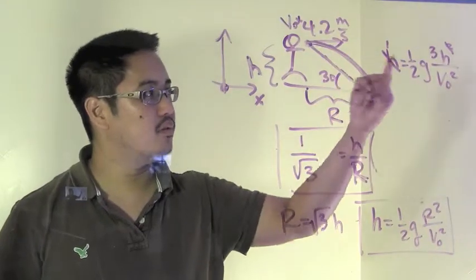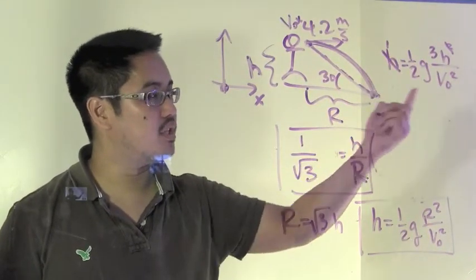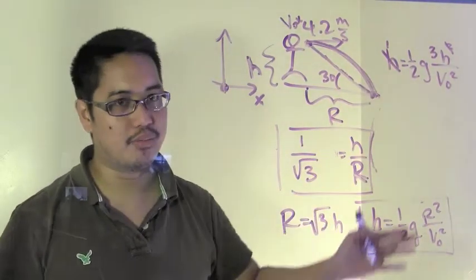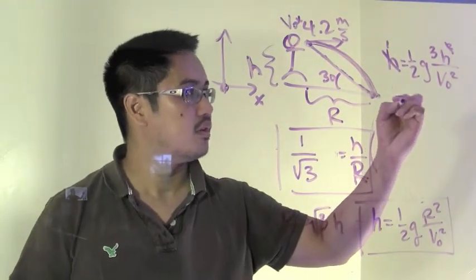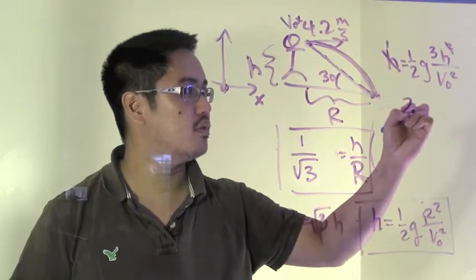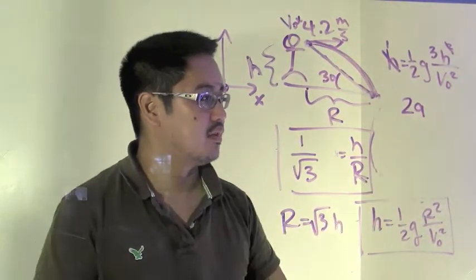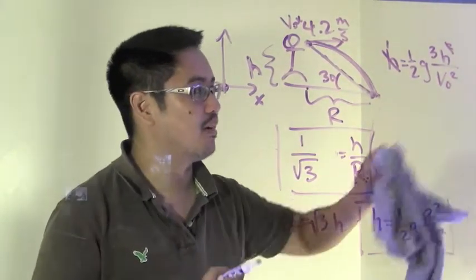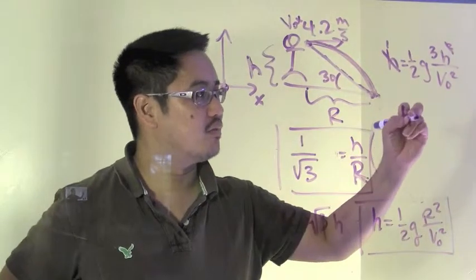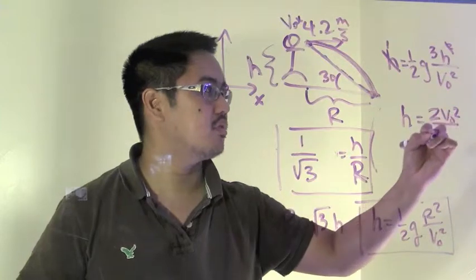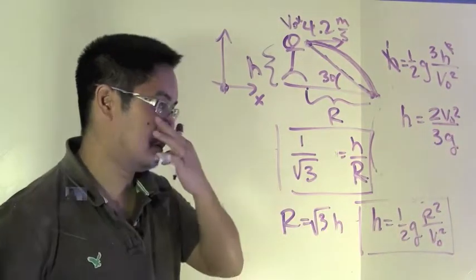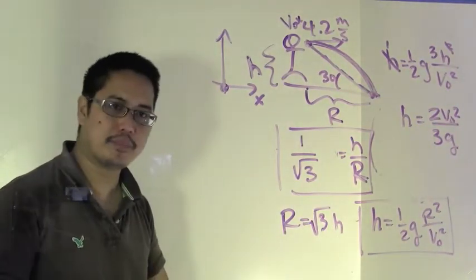I'm going to multiply by 2, divide by 3, divide by g, and multiply by v naught squared. I just did a whole bunch of algebra, but it seems you're really fast with your algebra, so you wouldn't be freaked out if I wrote down 2g. Or I'm not even good at algebra, apparently. h is equal to 2 v naught squared over 3g. Is that what you got?